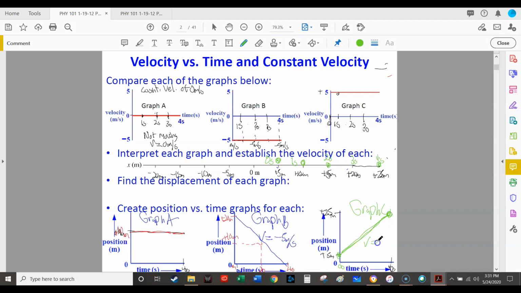And that means its velocity is going to be positive, and its displacement is going to be 5 meters for every second.